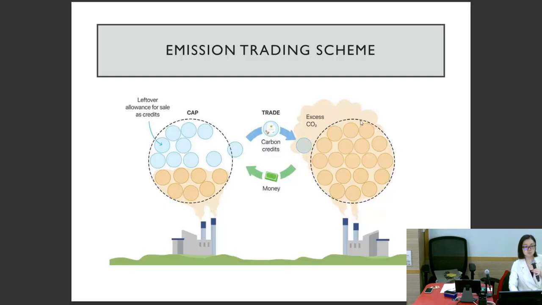So the overall result is this company will emit this amount, and this company emits this amount, and the total would be the total of these two cap amounts. In the end, these two companies will be able to achieve their emissions target, and the cheapest technology will be employed first.